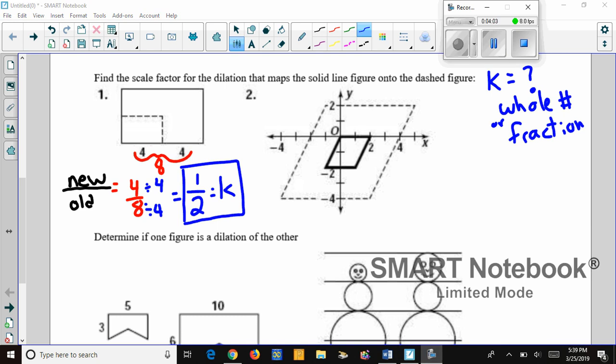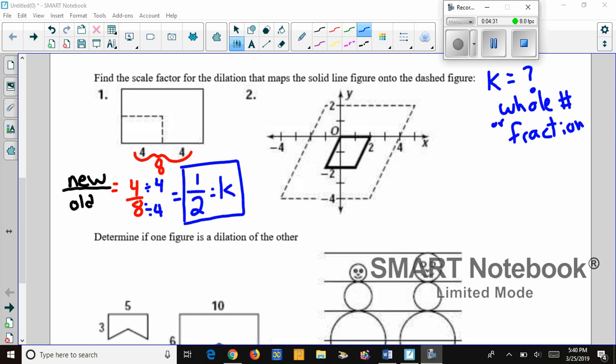Now let's look at the second one. We have to figure out how to take that small parallelogram and stretch it out into the larger parallelogram. Now, let's use some critical thinking. When I took a big shape to a smaller shape, notice that the scale factor was a fraction.